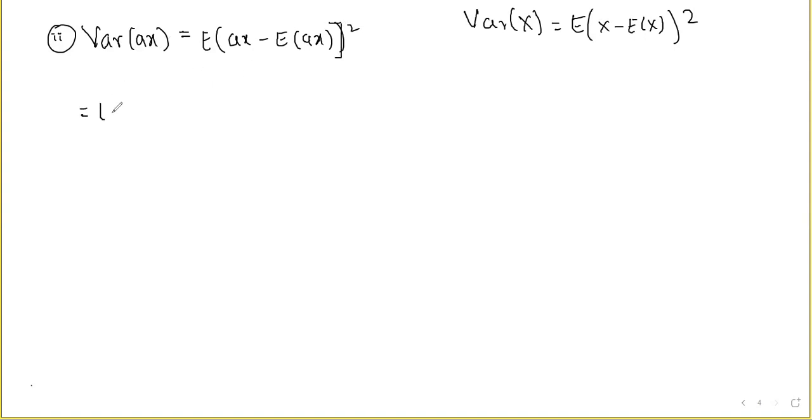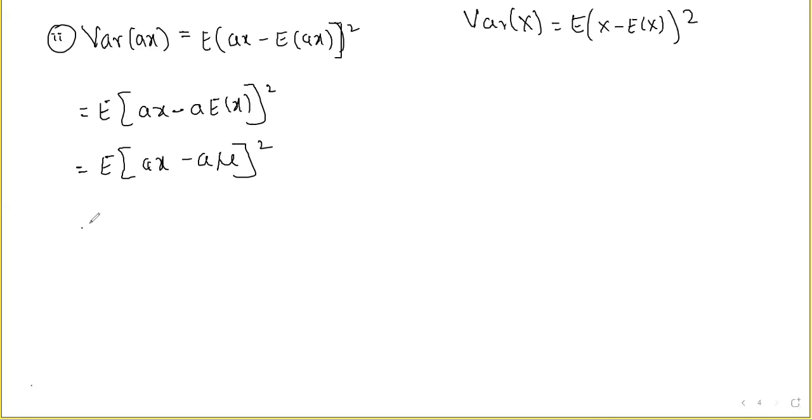Which is equal to expected value of ax as it is. When we multiply the expectation inside, this will be minus a into expected value of x whole square. So expected value of ax minus a into expected value of x, which is mu, whole square. So the common factor is a: expected value of a times x minus mu whole square. Here a is a constant, but it is a square.